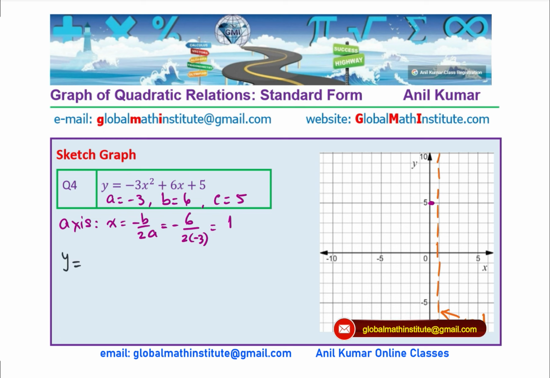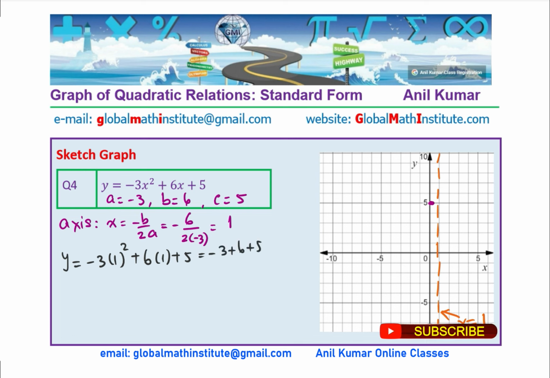We'll substitute 1 for x, so minus 3 times 1 squared plus 6 times 1 plus 5, which gives us minus 3 plus 6 plus 5. That gives us 3 plus 5 is 8. So 5, 6, 7, 8. So we have the vertex right there, right? So we have the vertex this time at 1, 8.